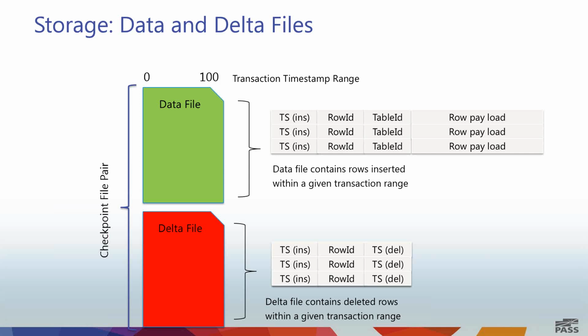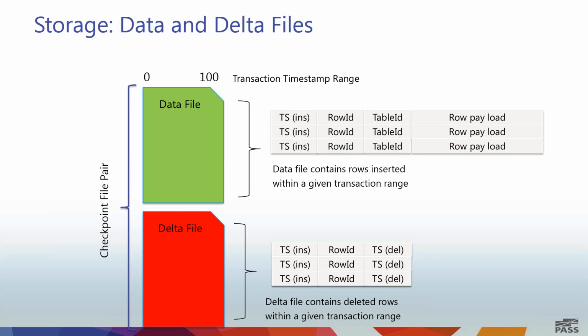In this example, they cover the transaction timestamp range 0 to 100, because a timestamp is just an incremented integer. The data file has all the rows that have been inserted: the timestamp of the transaction that inserted it, the ID of the row within the transaction, the ID of the table that the row belongs to, and then also the row payload.